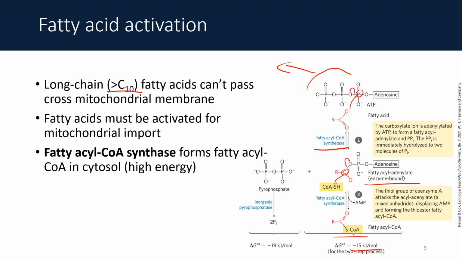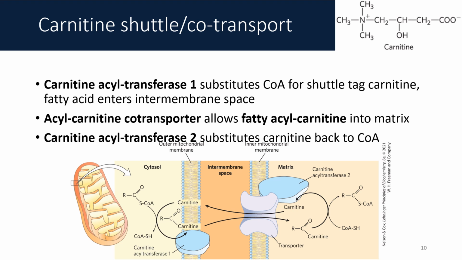Now, that might be very nice, but you may be wondering, what is the point of this fatty acyl-CoA? The point is that coenzyme A is an even better leaving group. We are going to use a second enzyme called carnitine acyltransferase 1 to swap out the CoA we've just installed with something called a carnitine group.